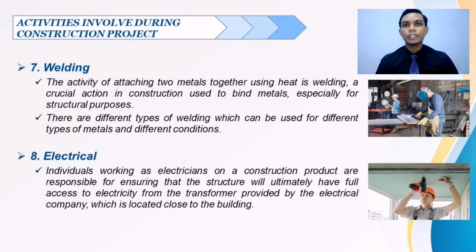8. Electrical. Individuals working as electricians on a construction project are responsible for ensuring that the structure will ultimately have full access to electricity from the transformer provided by the electrical company, which is located close to the building.